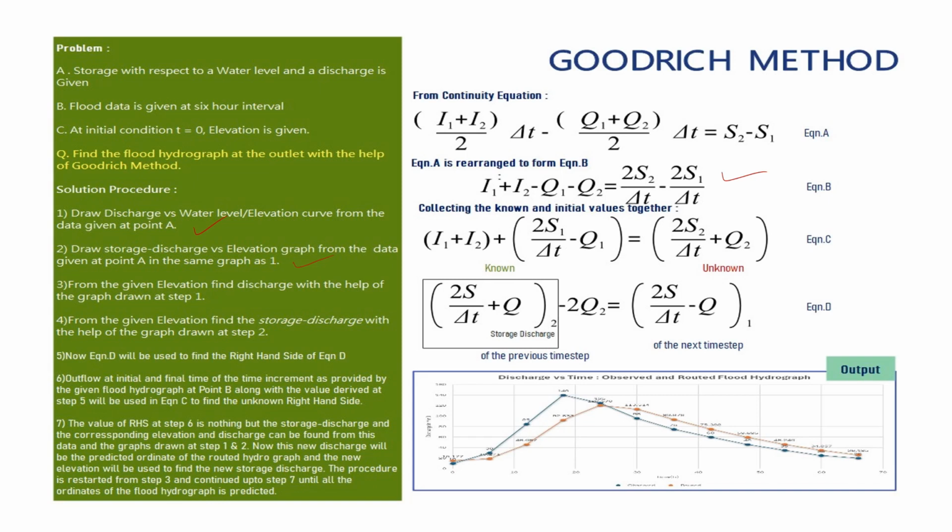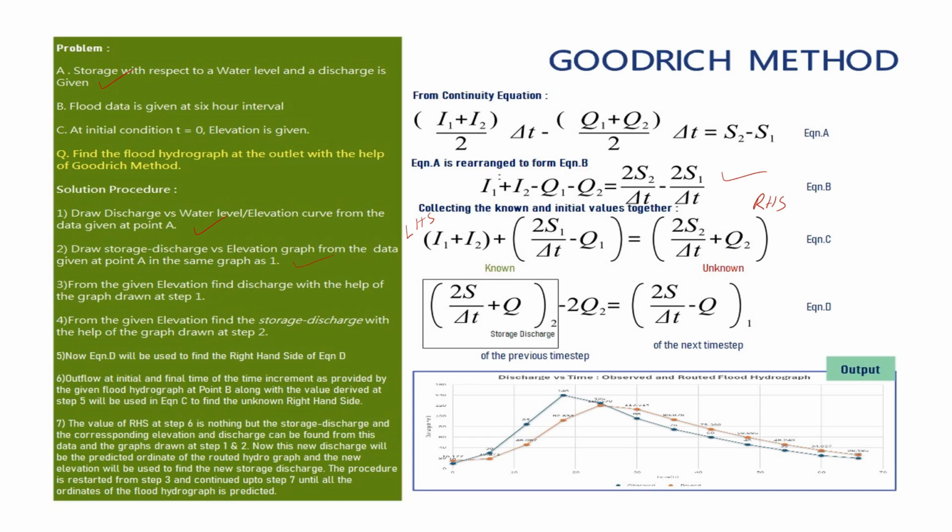And then what we do? We put all the terms that we know from the known values and initial values of the problem in the left hand side. This is your LHS. And in the RHS, as I have already discussed, this is unknown. And for that graph, we have calculated RHS from that tabular data given here: storage with respect to water level and the discharge.